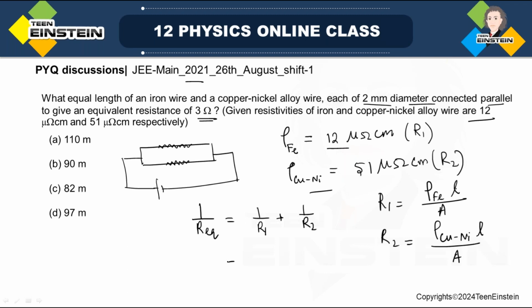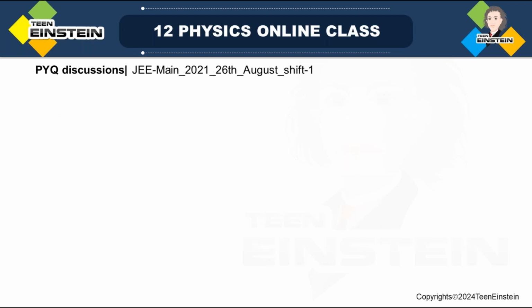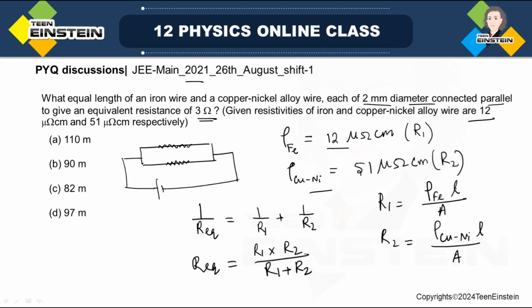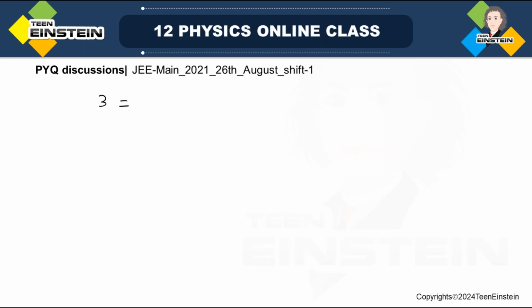Right? Now what I'll do here, I'll just multiply this. R equivalent is equal to multiplication of these two divided by addition of these two, right? So this is the thing we have to do. Let me just do the calculation. So we know this is 3 ohm, okay, and see R1 and R2. I'll not put the values first, I'll just try to simplify the formula.